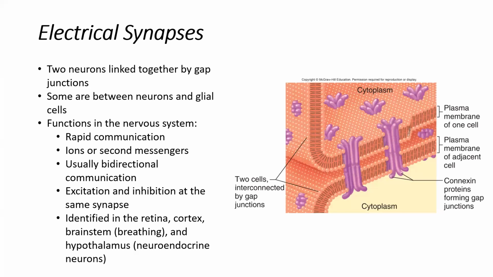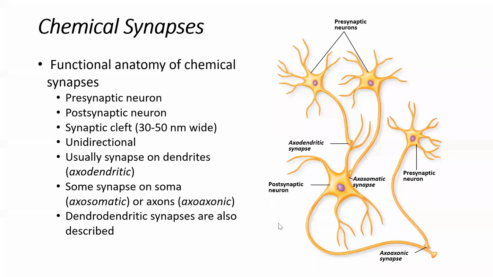What we understand is that they disappear and are replaced by chemical synapses as we age and as the brain develops. So they're really only important in the rapid growth and development of the very young, fetal brain. Okay. Let's talk about the more important chemical synapse.